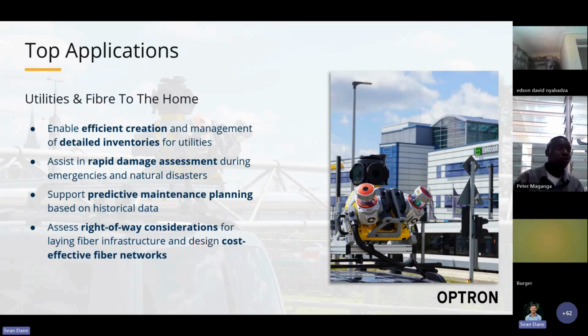I missed the slide. Next one is to consider different applications in the utility space and even fiber to the home. I know in Europe today there's a massive drive towards fiber to the home, and using mobile data to plan, to assess the environment, to do some predictive maintenance, even to consider right-of-ways and considerations for where you would need to build some additional infrastructure, and so on.